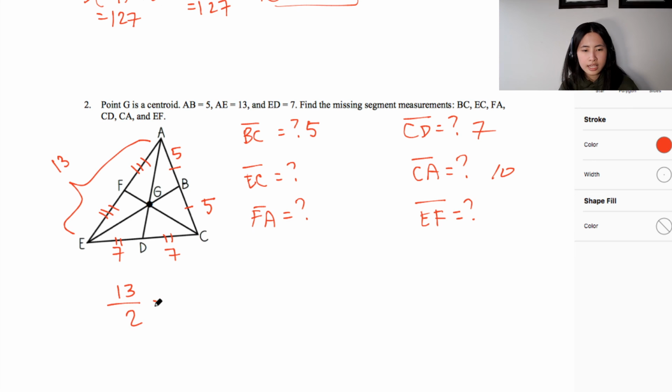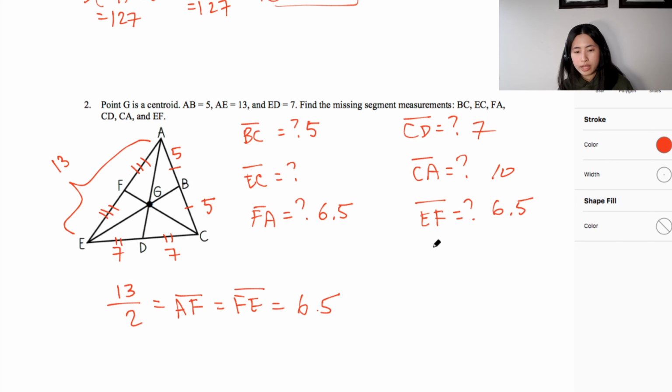To get line segment AF, right? And line segment FE or EF, right? It doesn't really matter. It's the same line segment. Okay, so if you take 13 divided by 2, this is going to be 6.5, right? So you know that this needs to be 6.5. So AF or FA is 6.5, and FE or EF is also 6.5, right? So you know that the two are 6.5, right?